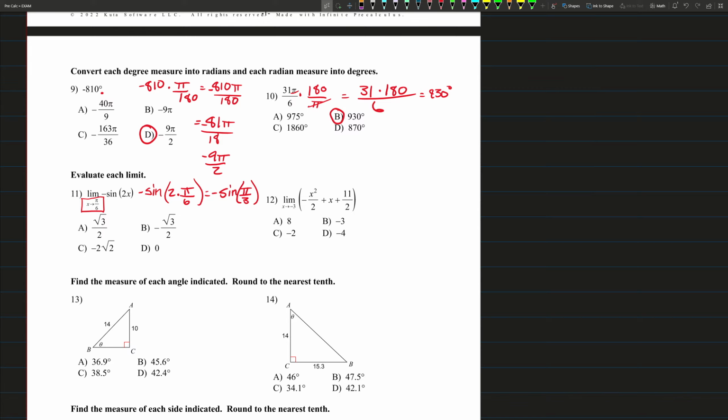So pi over 3. If we have our unit circle, I'll try and open it up for us.